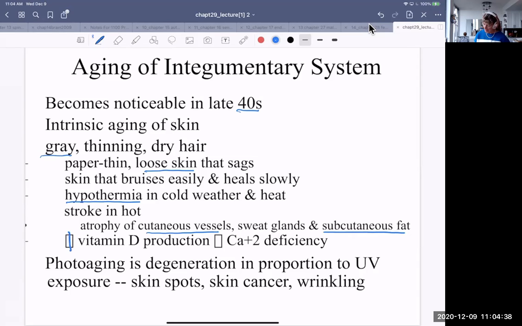And there's a decrease in vitamin D production and an increase in calcium deficiency.